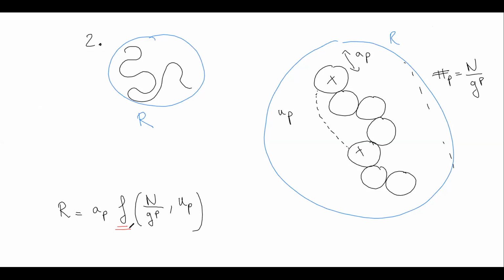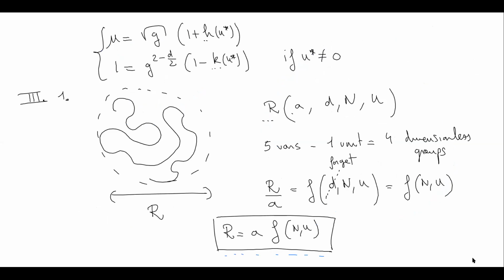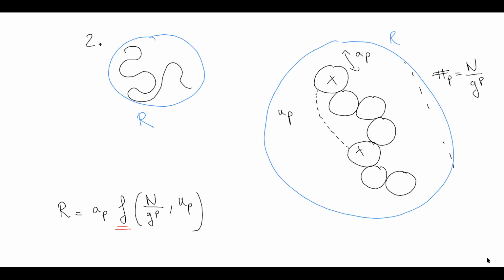It's the same F. It's not another function, okay? Because it's exactly the same problem. I just changed the name of what I call a monomer size and a number and an interaction. Good. So I have the same scaling expression, if you wish, or at least dimensionless expression.